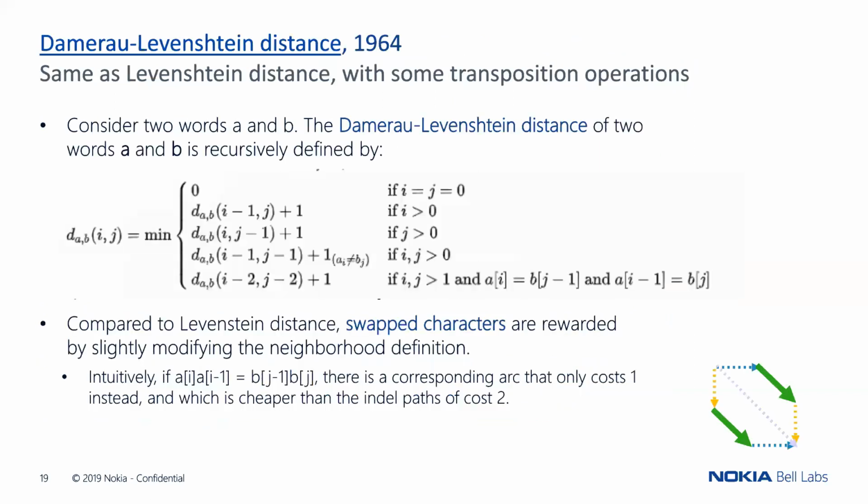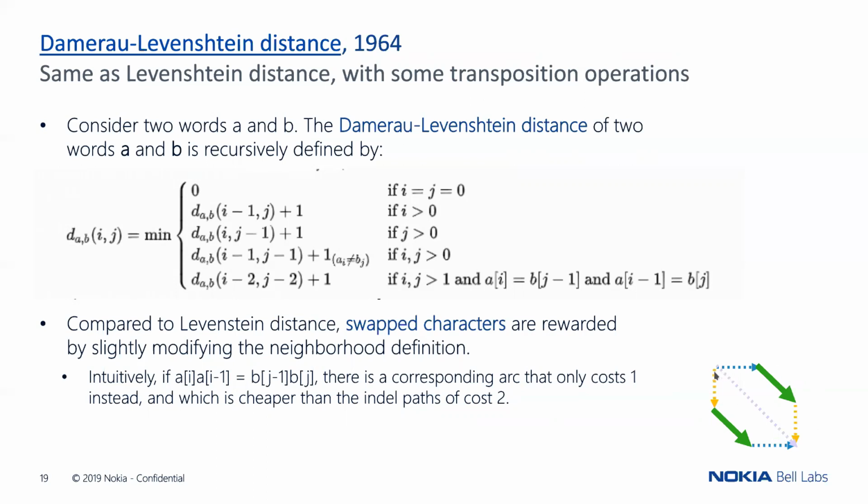Okay, so now you have a slight variation of the Levenshtein distance, which is called the Damerau-Levenshtein distance. So it's once again almost the same idea. The main variation is this last equation here, where you authorize swapping 2 consecutive characters and adapt the cost according to this edit operation. And so this is what is depicted on this picture.